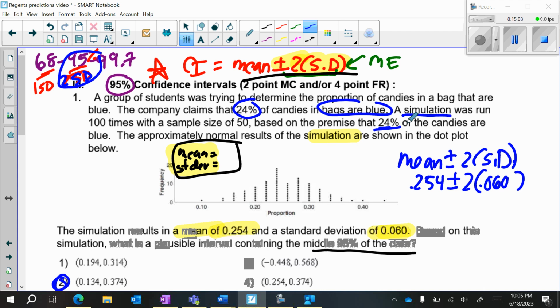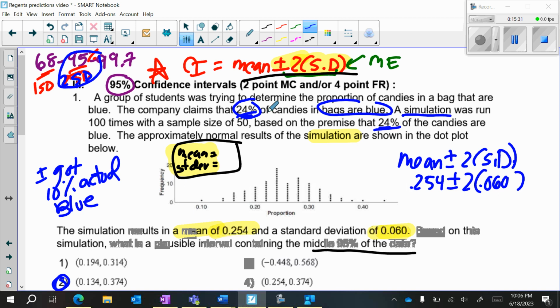Now they might ask you something like this as a subsequent question if this were a 4-pointer. Mrs. Burke opened up a bag of M&Ms and she got 10% blue. So I got 10% blue in actuality. They're claiming that 24% of their candies are blue.